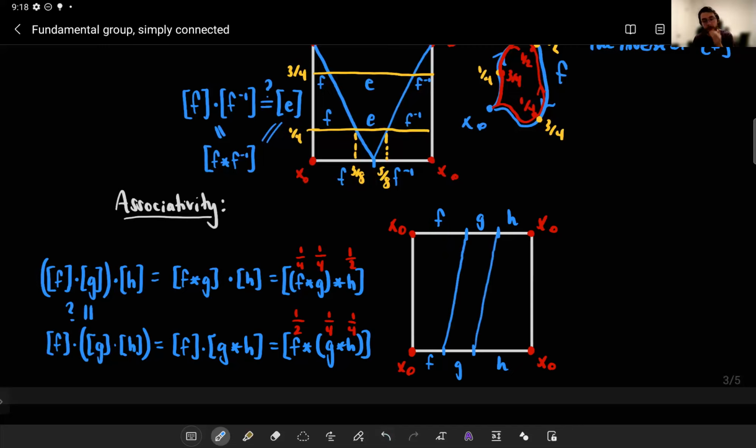Look at this. You just gradually change, and if you look at any one slice, say here, you're still always spending a quarter of your time on G, and that works out because starting out it was a quarter, ending it was a quarter. Great, so keep it the same.